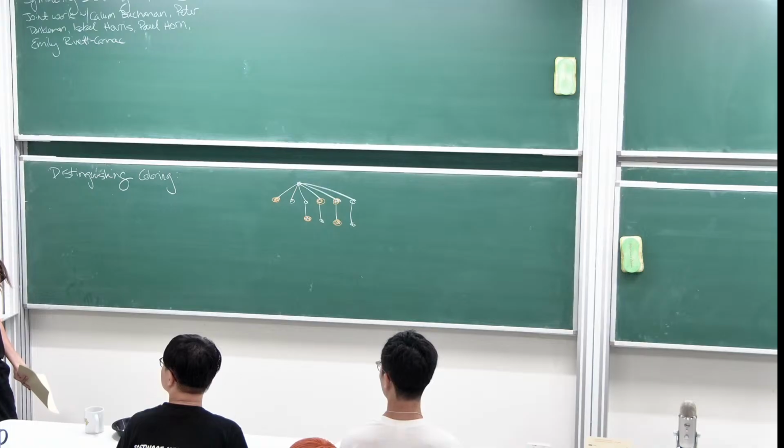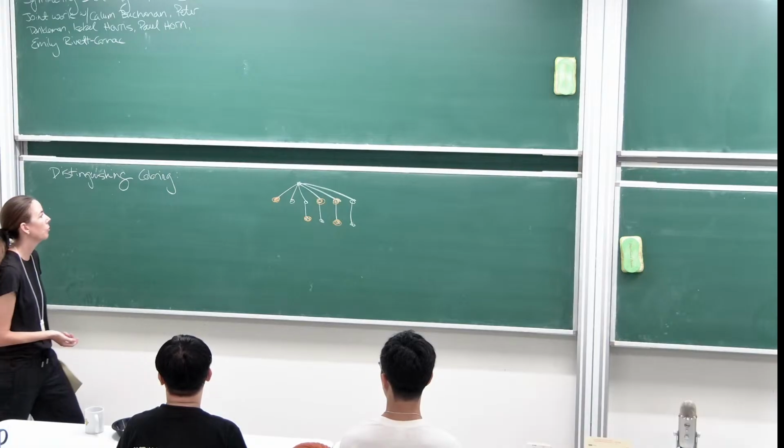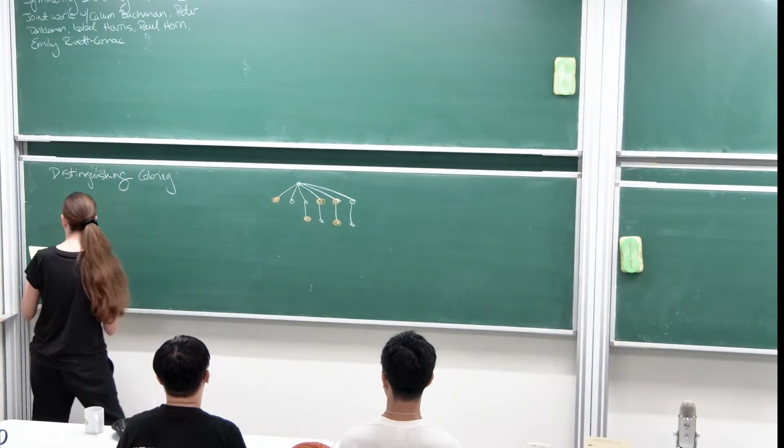So you're talking about the color, right? Yeah, I'm talking about the coloring, but there are a couple of things you can be interested in. For distinguishing coloring, in general, you're interested in the number of colors used, and you're trying to minimize this. So for this graph, this is a two distinguishing coloring.